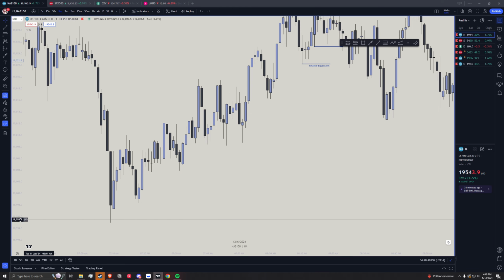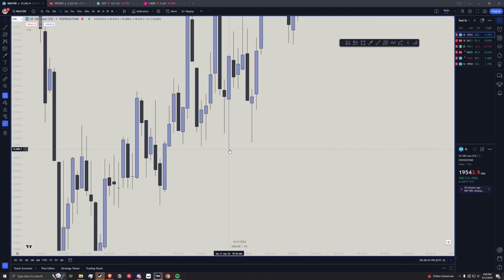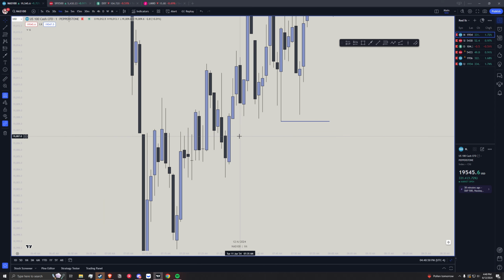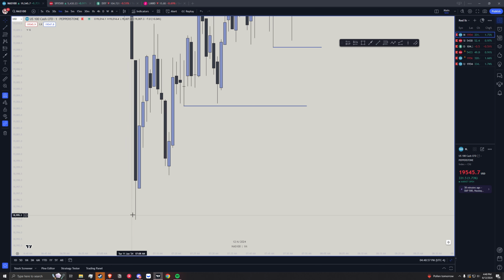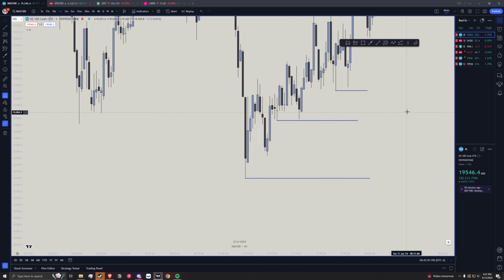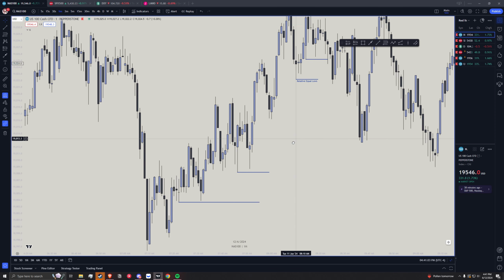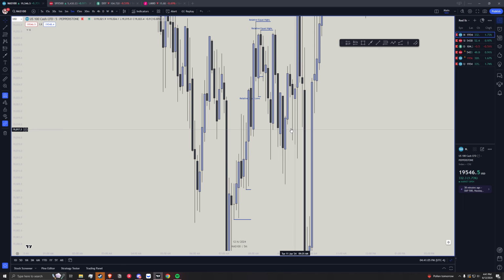We can see this liquidity hasn't been taken yet because this candle hasn't traded below it. So leaving these two candles, you see how close they are? Relatively equal. Same goes for right here as well, right? These are relatively equal. And same goes right here as well. These are relatively equal. So these make great take profit points and great targets for price when price wants to go and seek out liquidity.